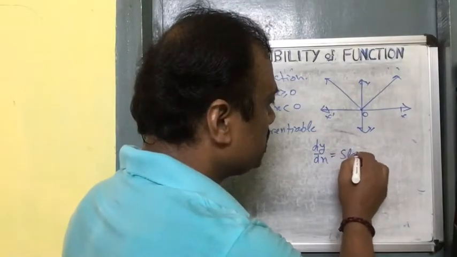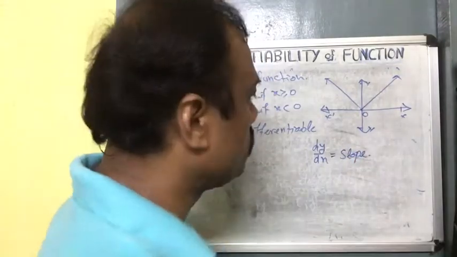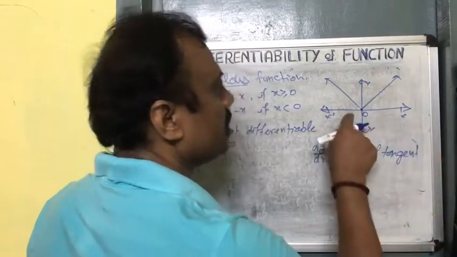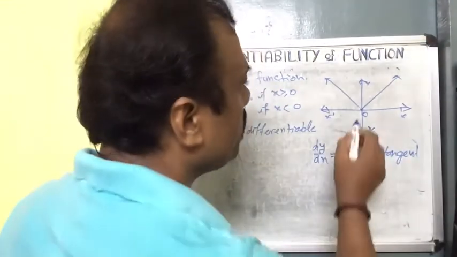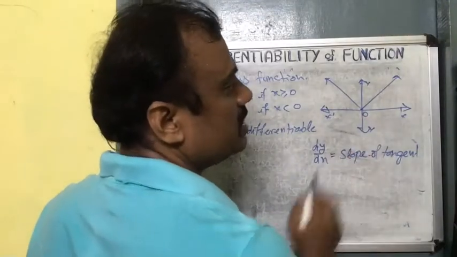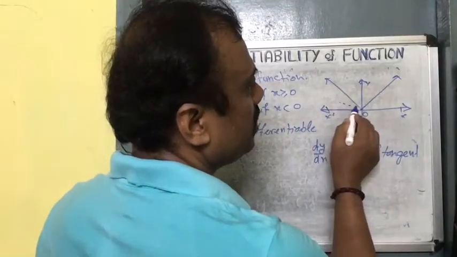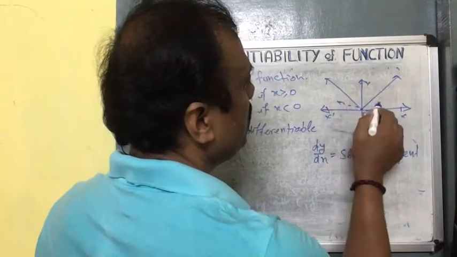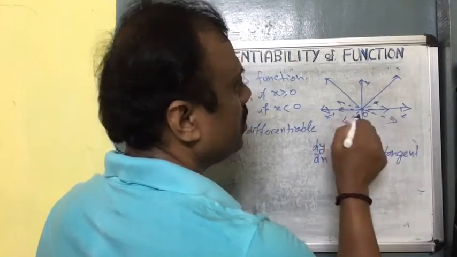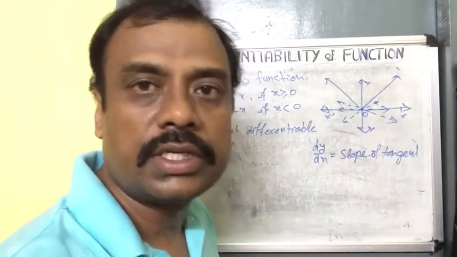Slope of the tangent. So if we discuss the slope of the tangent at point 0, meaning origin, how many tangents are possible? Here we can draw infinite tangents, meaning we are not able to find the unique tangent.